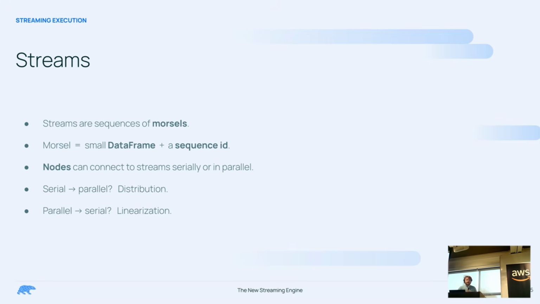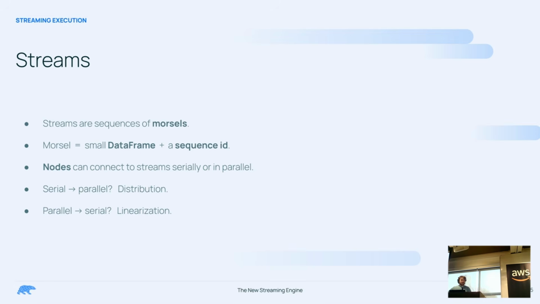The idea behind the sequence ID is that Polars is an ordered API, your columns always have an order, and you can execute expressions on columns separately and then put them in one select and they will line up, and that's because they're ordered. So we have to keep track of this order in the streaming engine, so that's why each little data frame has a sequence ID that lets us reconstruct this order. Because nodes can connect to streams either serially or in parallel.